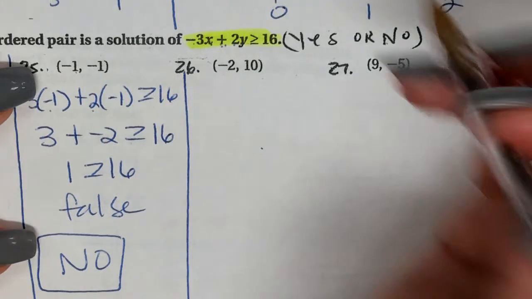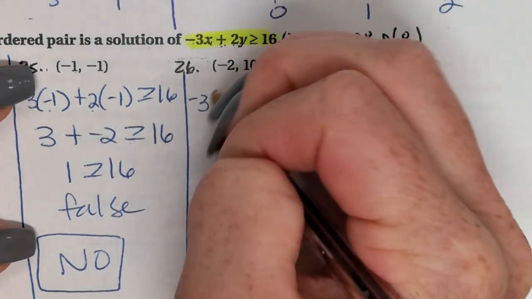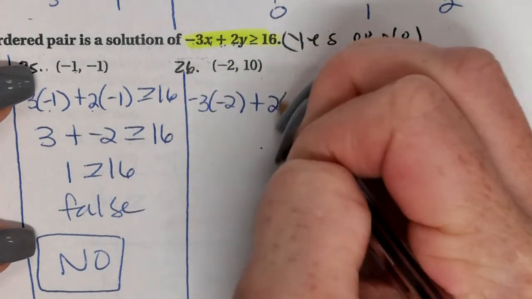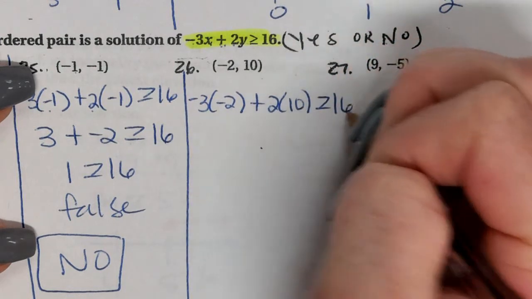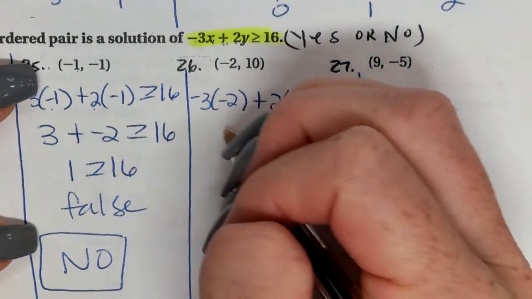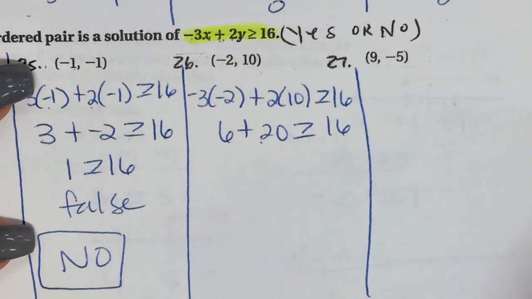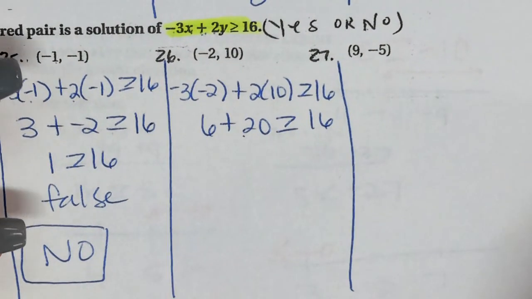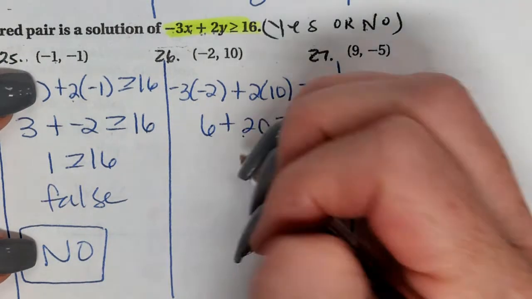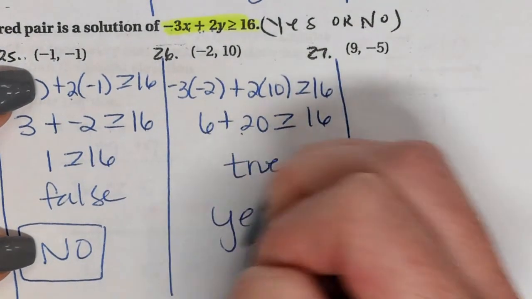All right, the next one, I plug it in. Is negative 3 times negative 2 plus 2 times 10 greater than or equal to 16? That's 6 plus 20. Is it greater than or equal to 16? Yes or no? This is true, so the answer is yes.